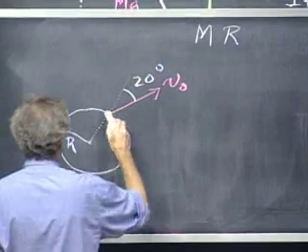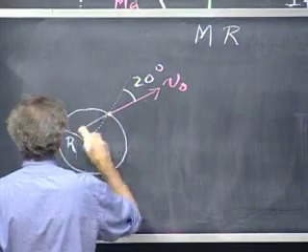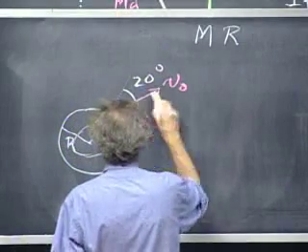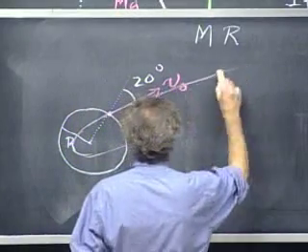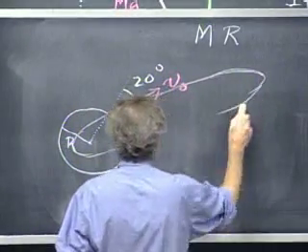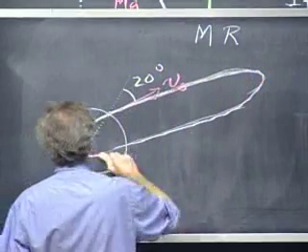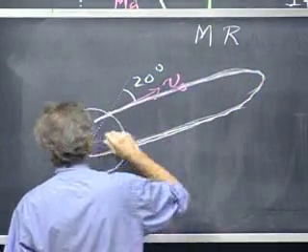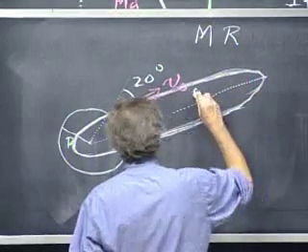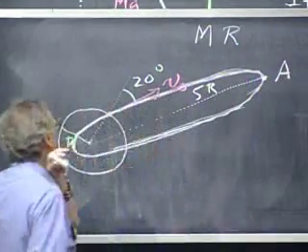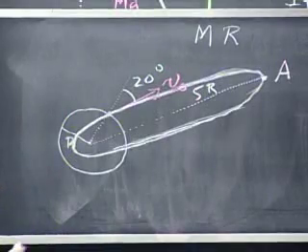If I try to make a sketch, then that elliptical orbit would look something like this. Something like this. And then this distance is 5r. I call this point A. That's the point that is farthest away from the center.